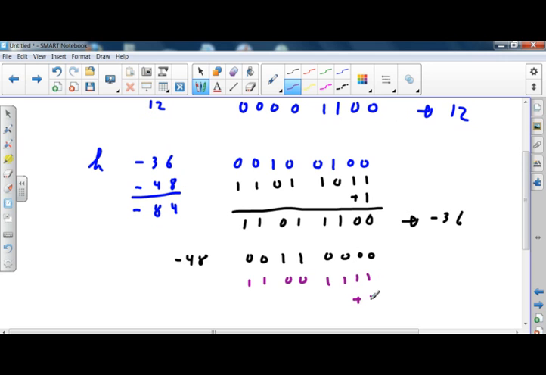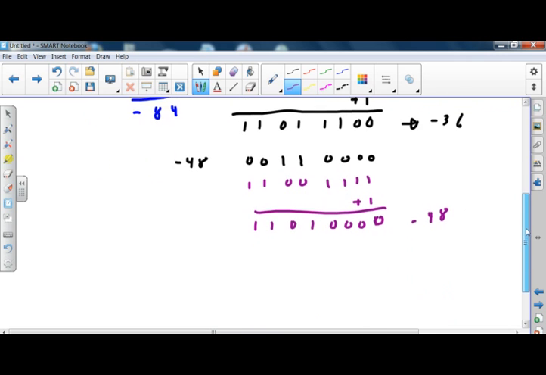We add 1, 1, 1 to carry, 0, 0, 1 to carry, 0, 1 to carry, 0, 1 to carry, 0, 1 to carry, 1, 0, 1, 1. So that's my minus 48 guy.